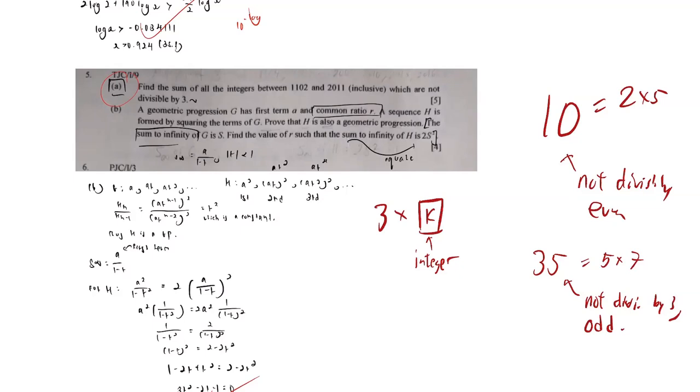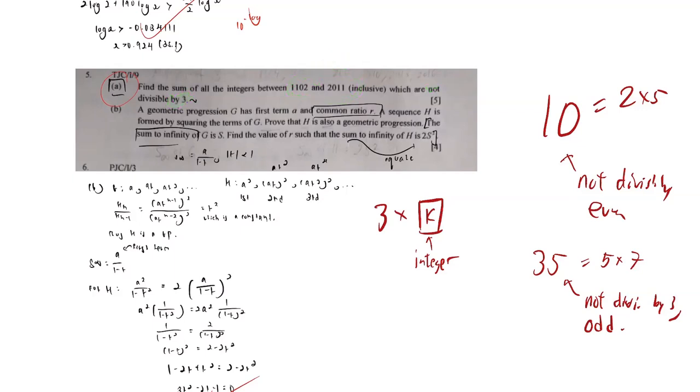Here, what you should do is to think of an easier example, which is to sum up all of the integers. You see the numbers which are not divisible by 3 inside this range, can it be more than the number of numbers inside this range? Cannot be, right? It has to be less than the numbers inside this range. So let's just find a maximum value, an upper bound, first.